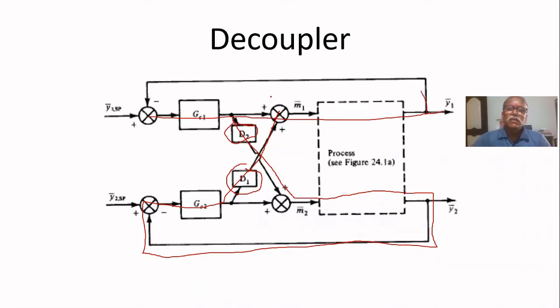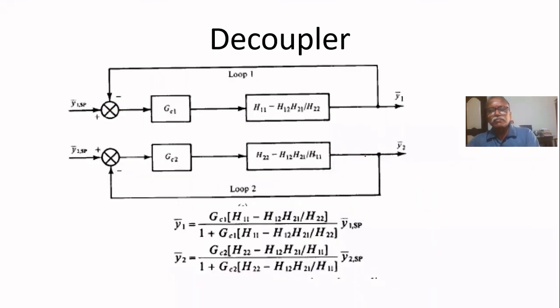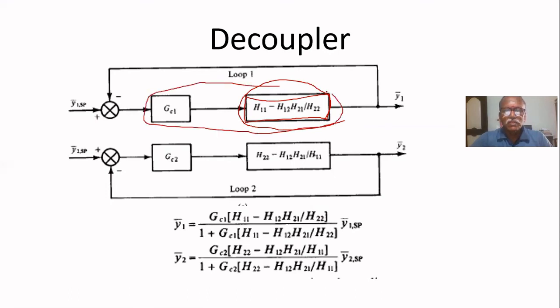So it is better to use a signal flow graph to reduce this into a single block diagram. If you do that, you will get this. Try it yourself; this will be your assignment, to find this transfer function. Both are decoupled.